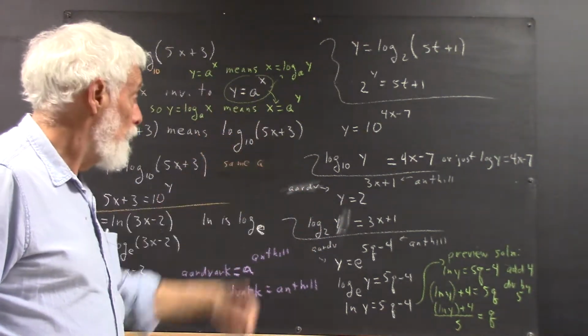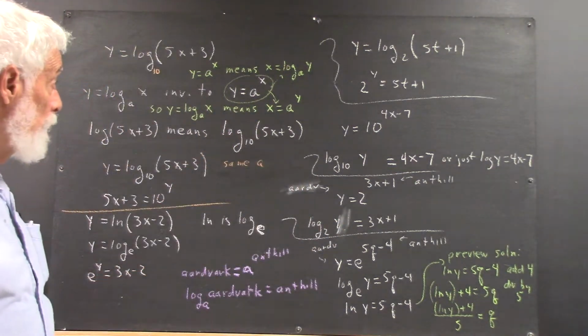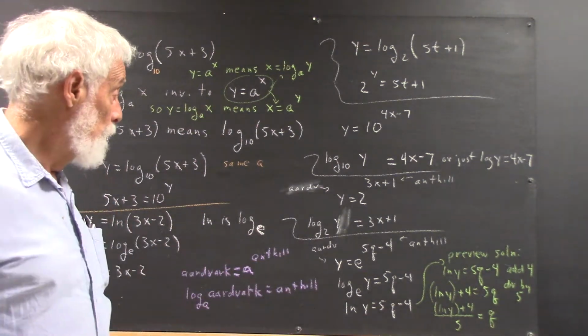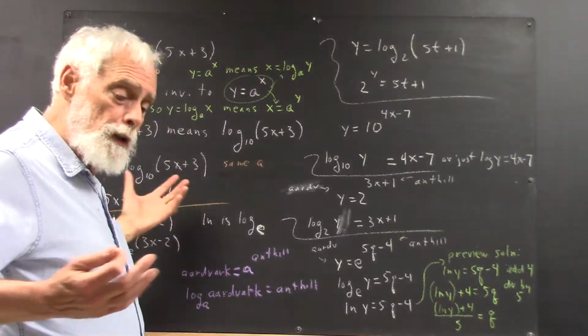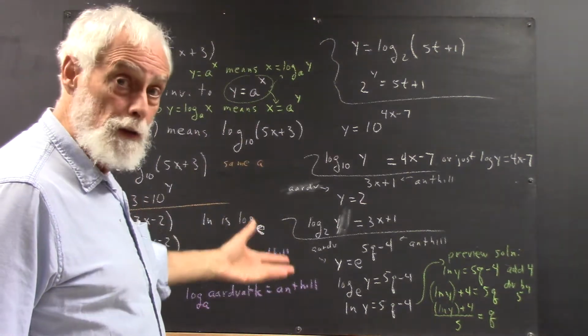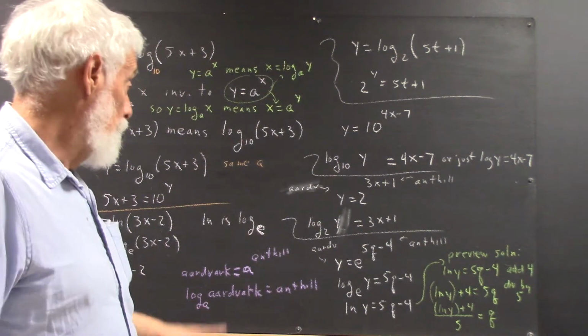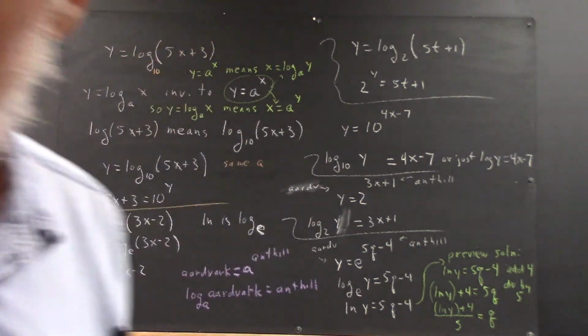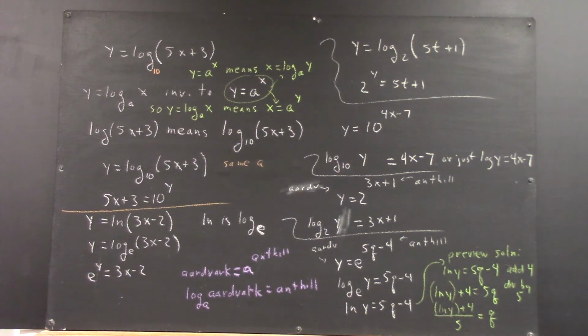So hopefully you'll have done the homework on this section so that you're used to the way these things are rearranged, and you'll find then the solution of logarithmic and exponential equations to be fairly easy. They can get very tricky, but to do basic ones, I hope you'll find it pretty straightforward.